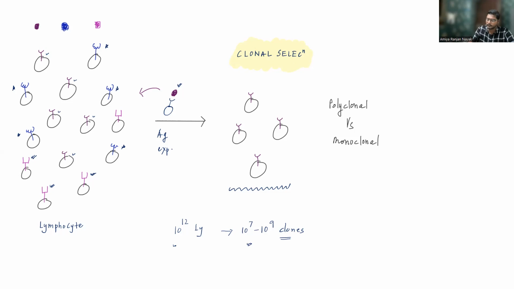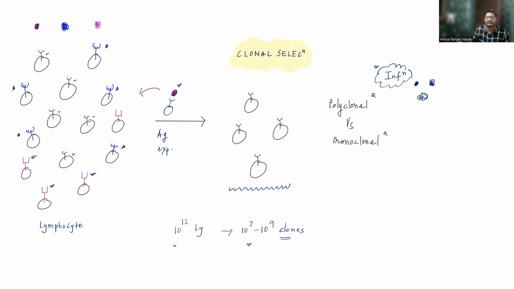Then what is the concept of polyclonal and monoclonal? For example, if the patient has a particular infection, during infection the microbe is going to produce different types of antigen. This will cause activation of different types of lymphocytes. That means different clones of lymphocytes will be activated whenever there is an infection.